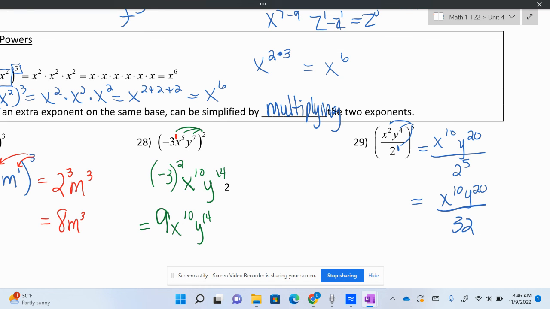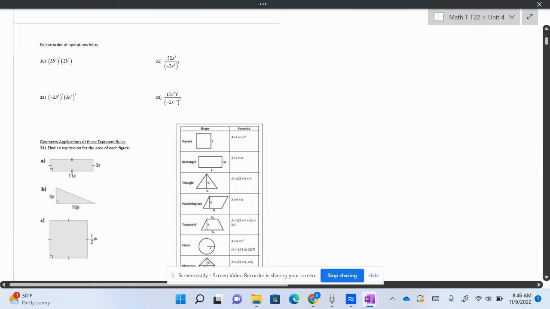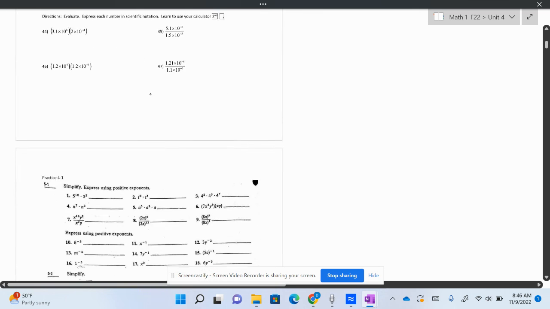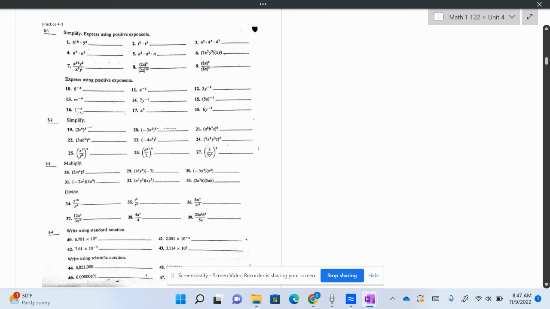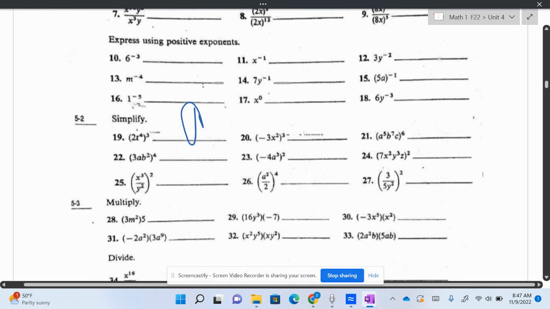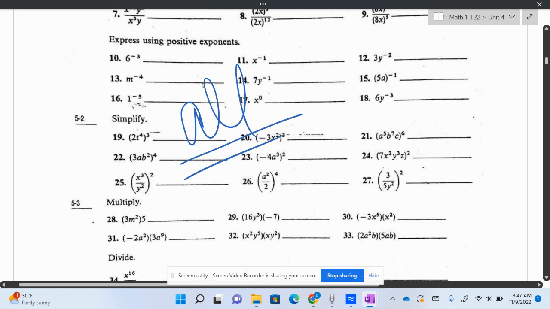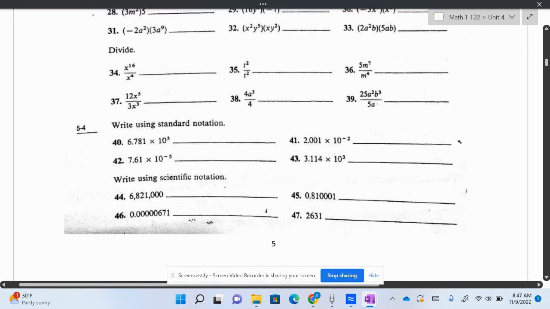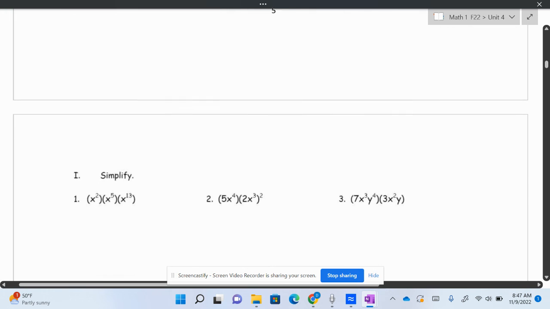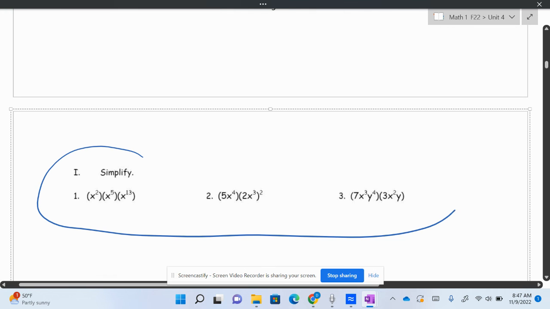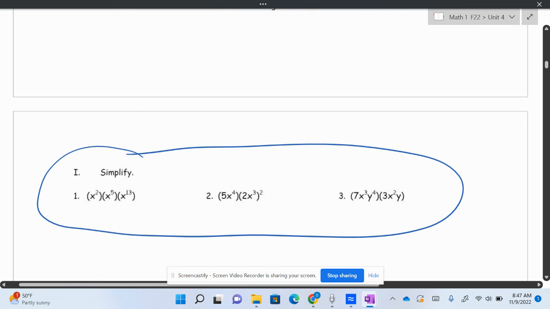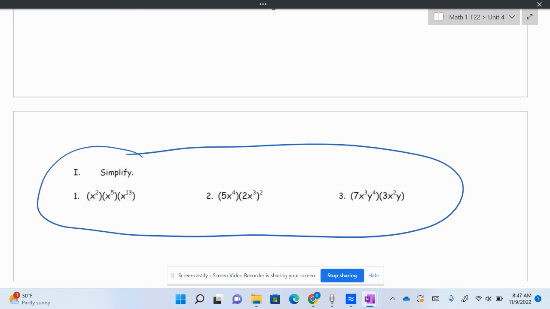I want you to do page 5, and let's talk it out. I'm going to circle the ones that I want you to do. So we're going to do all of page 5, which is a lot. That's a lot. On page 6, I want you to do this. And that's it. Okay.